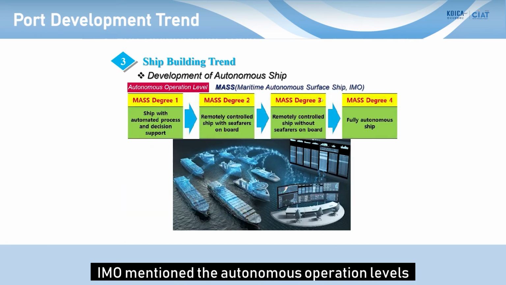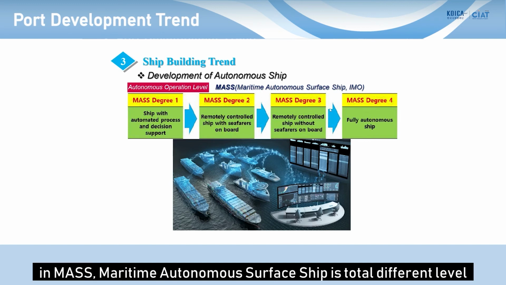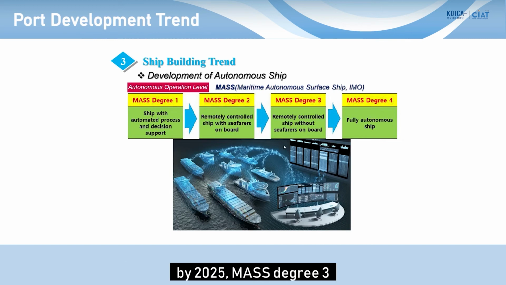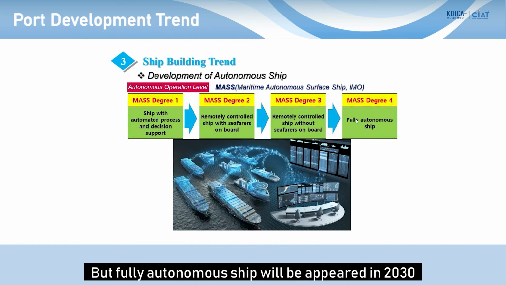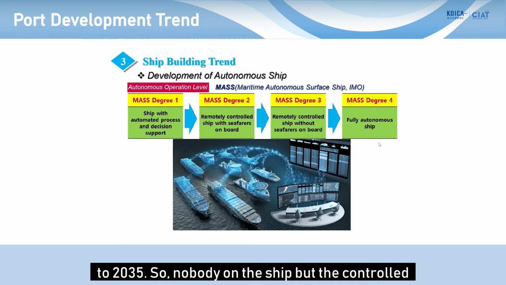IMO mentioned that the autonomous operation level, maritime autonomous surface ship, has 4 different levels. By 2025, level 3 will be reached, a remote controlled ship without seafarers on board. But the fully autonomous ship will appear 2030 to 2035.